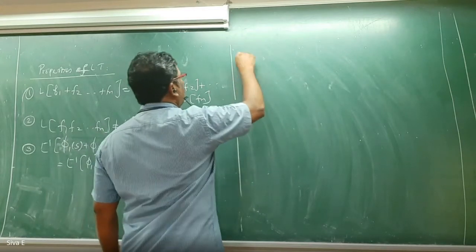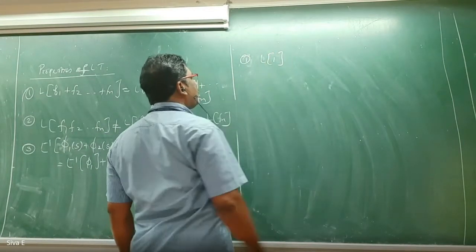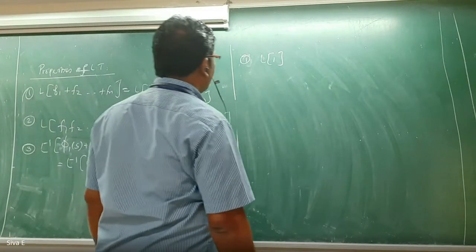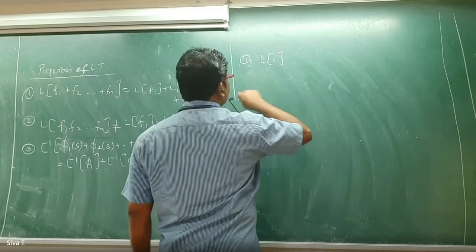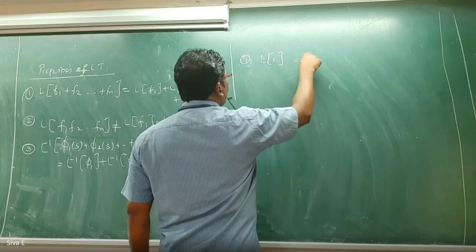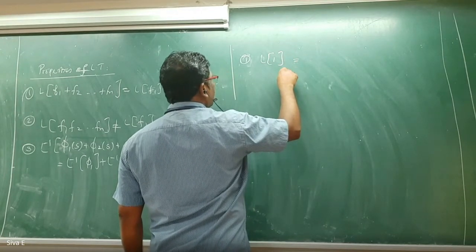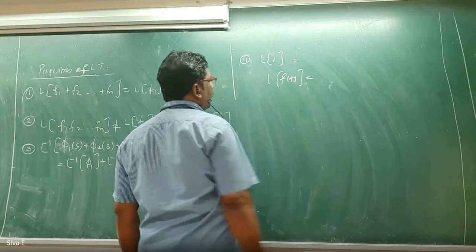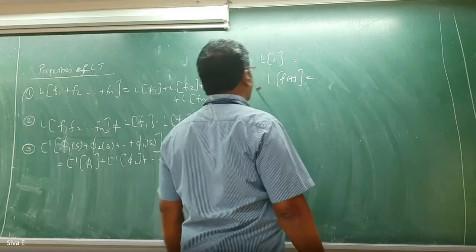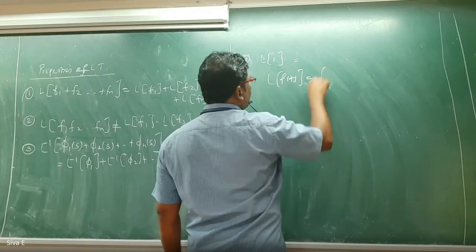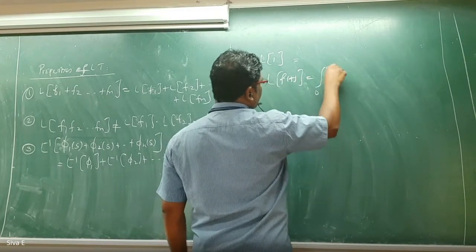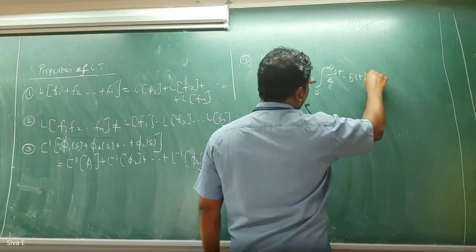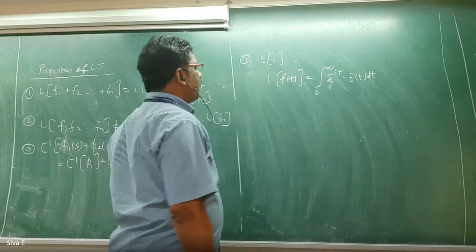Laplace transform of 1. How to find that? Laplace transform of f of t is equal to the integral from 0 to infinity of e power minus st f of t dt. Here f of t is 1.